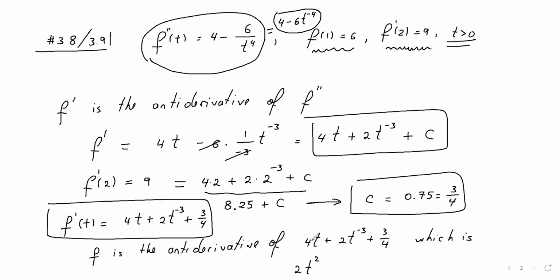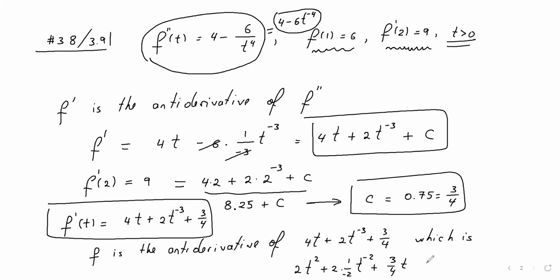All right, so the antiderivative for 4t, folks, is 4 times t squared over 2, or 1/2 t squared, plus the next thing here. So we have plus 2 times t to the negative 3 plus 1, which is negative 2, times 1 over negative 2, folks, plus, for 3/4, because that's a constant, 3/4 t.